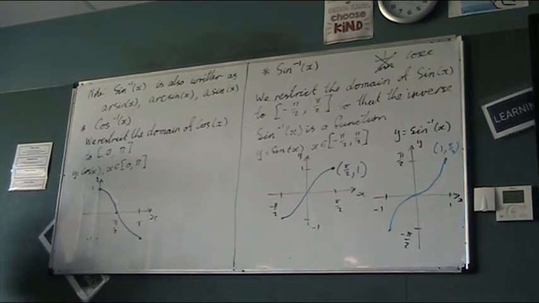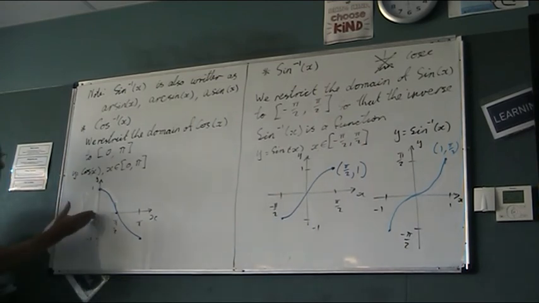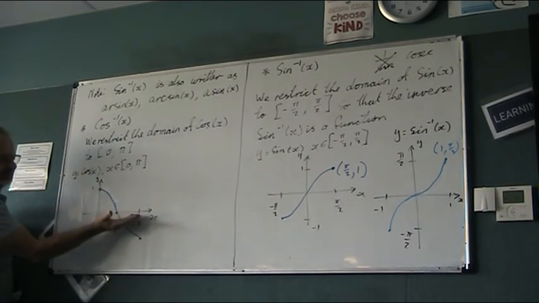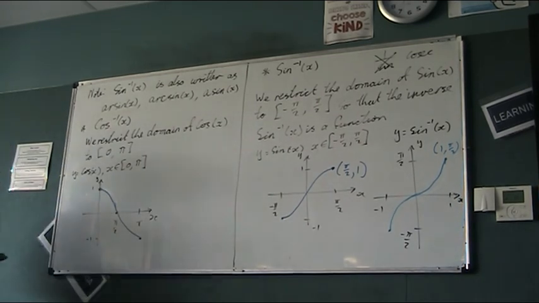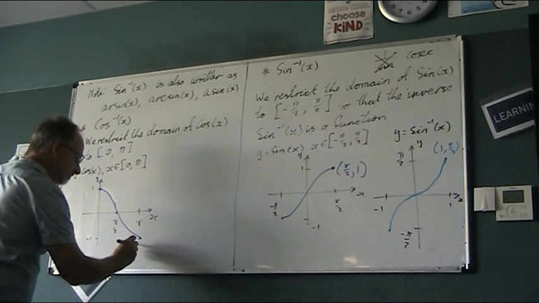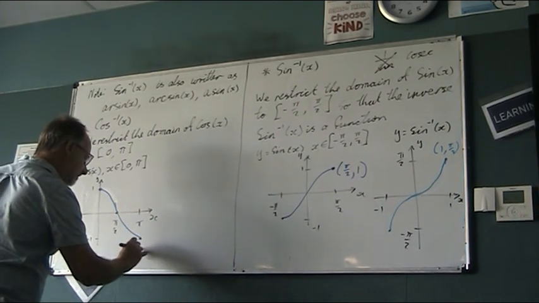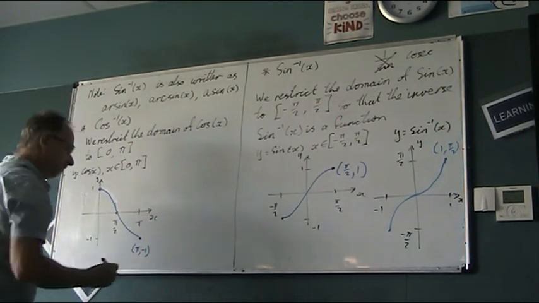So now when we reflect in the line y equals x, again swapping the x and the y, that point down there is pi and -1.